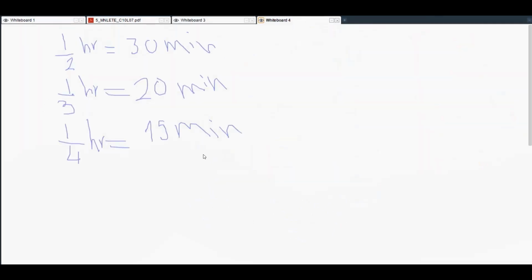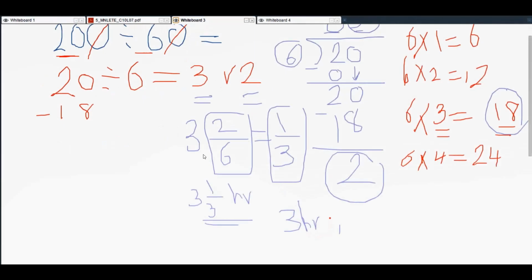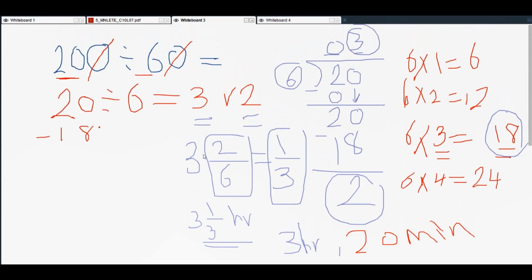As we learned before on this board, third hour equals 20 minutes. So we write here 20 minutes. So 3 hours and 20 minutes, this is the answer. So 200 minutes equals 3 hours and 20 minutes.